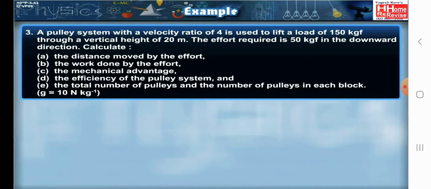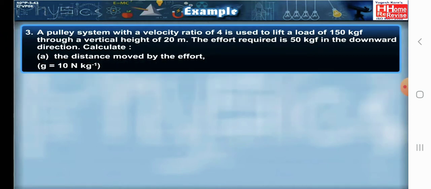B. The work done by the effort. C. The mechanical advantage. D. The efficiency of the pulley system. And E. The total number of pulleys and the number of pulleys in each block. g is equal to 10 Newton per kg.